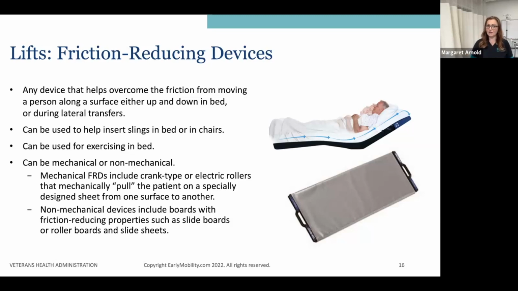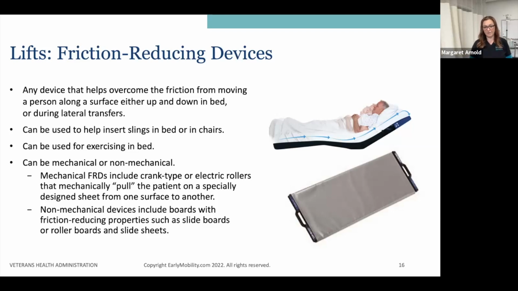Mechanical FRDs or friction reducing devices include crank type or electric rollers that can actually mechanically pull the patient on the specialty surface from one surface to another. Or they can be non-mechanical devices, which can include boards with friction reducing properties such as slide boards, or they can be roller boards, or they can just be slide sheets that are variable in their makeup.